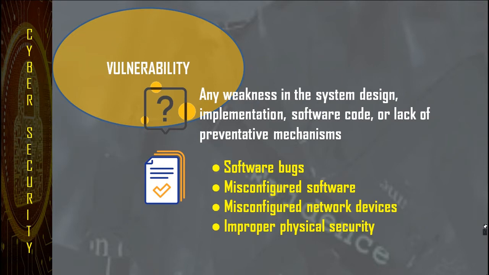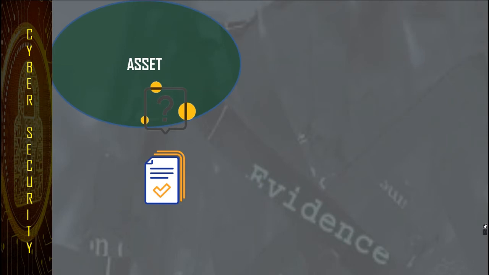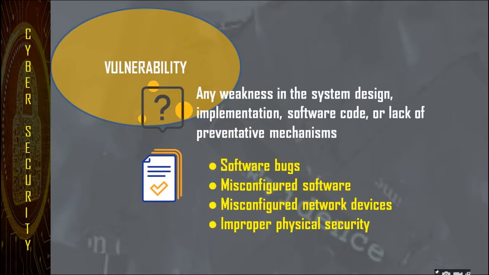Any weakness in the system design, implementation, software code, or lack of preventative mechanisms is called a vulnerability. Examples: software bugs, misconfigured software, misconfigured network devices, improper physical security.